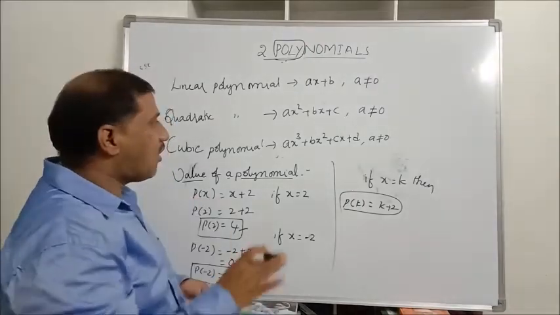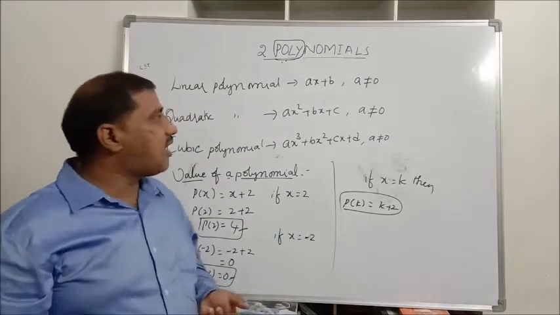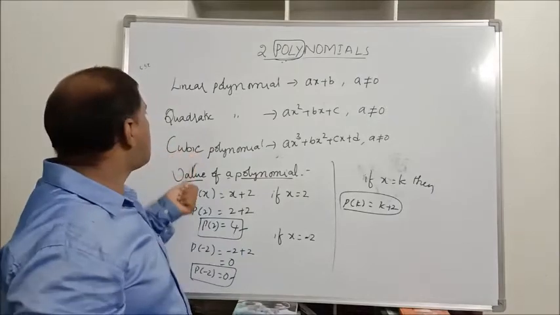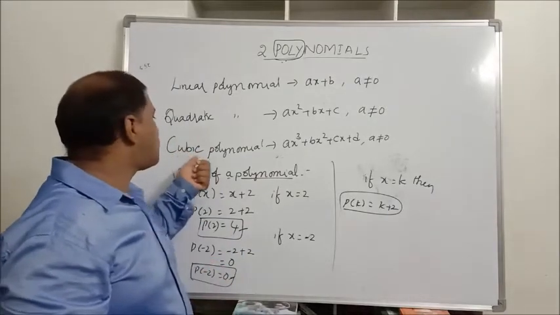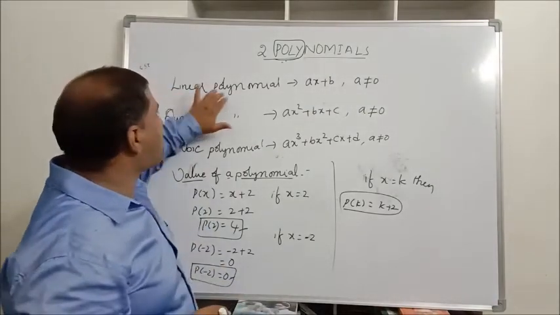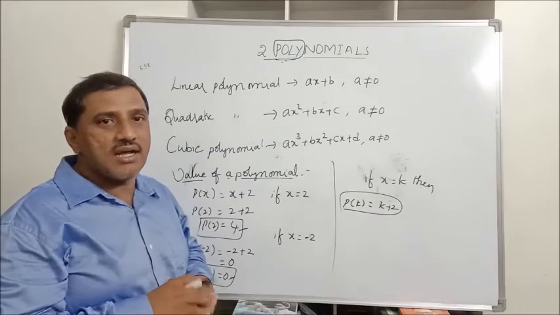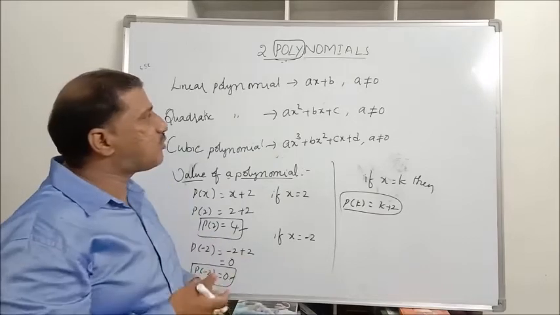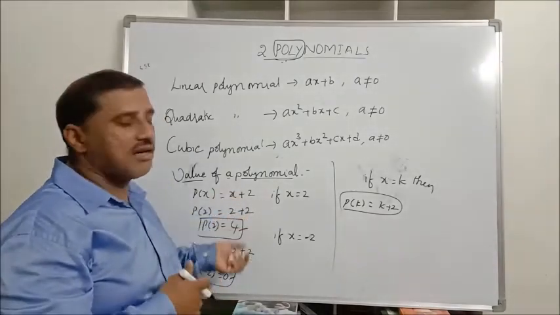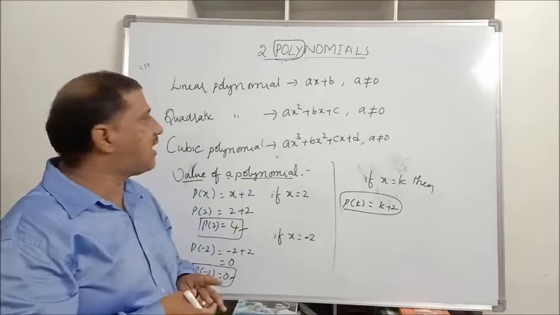Zeros of the polynomial. So now we'll discuss how many zeros there are for a linear polynomial, a quadratic polynomial, and a cubic polynomial in this class. We have studied how many zeros there are for a linear polynomial, using the factorization method or by transposing, placing variables on one side and constants on the other side.